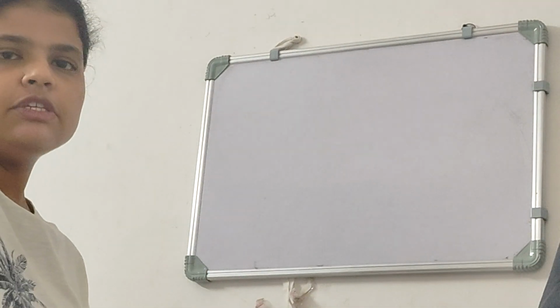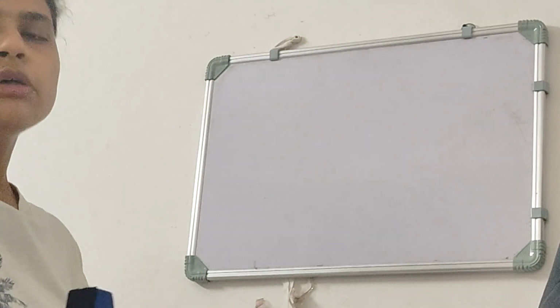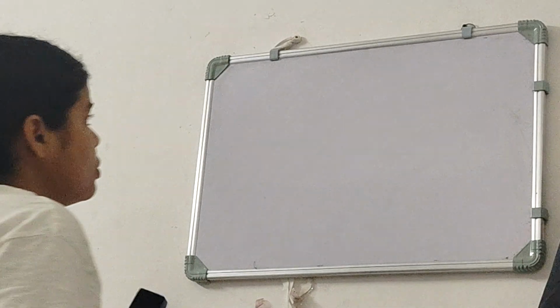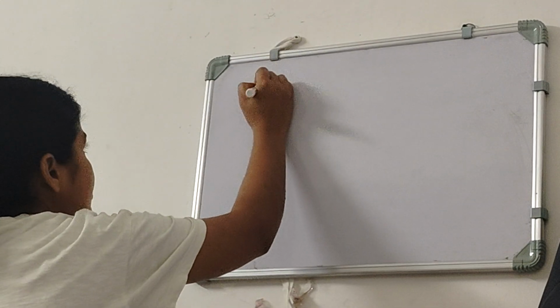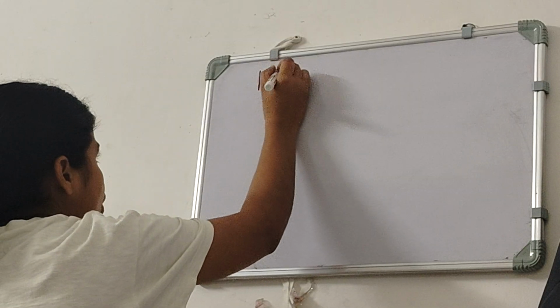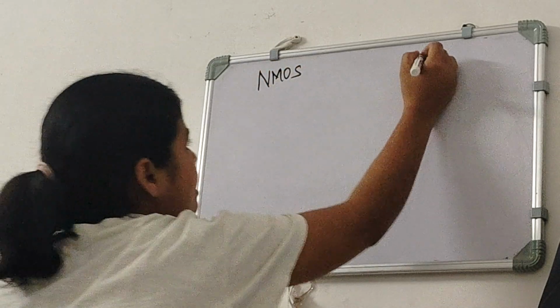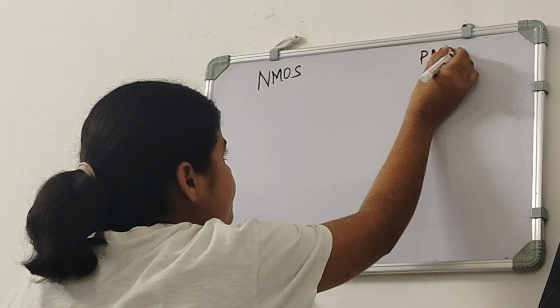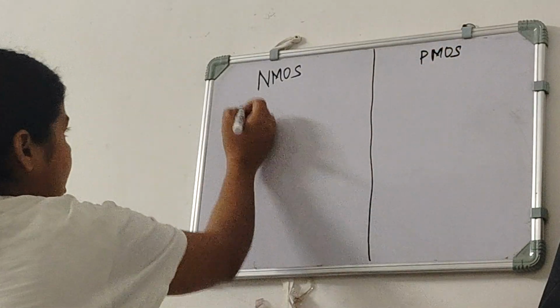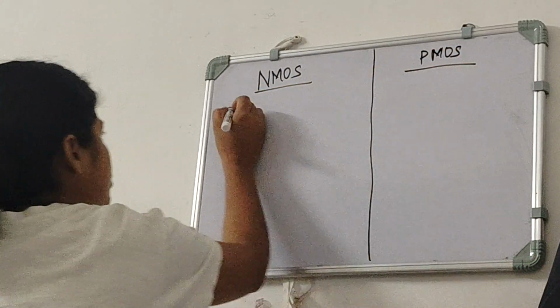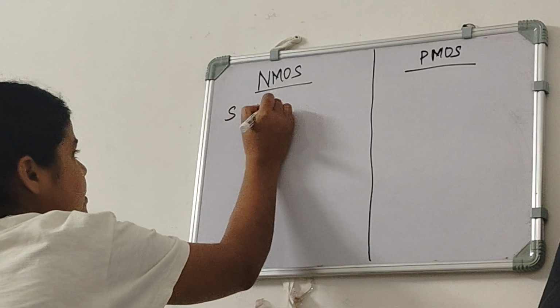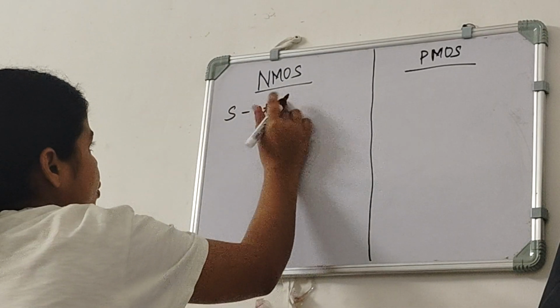In the previous video we saw the working of PMOS and the working of NMOS. So now we will see the difference between them. If you talk about NMOS and PMOS, in NMOS the source will be at lower potential.